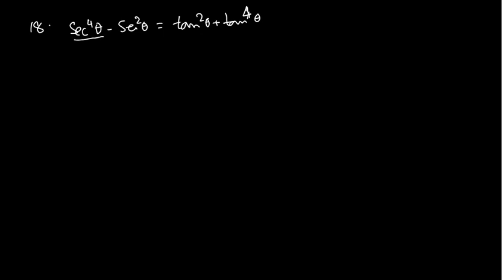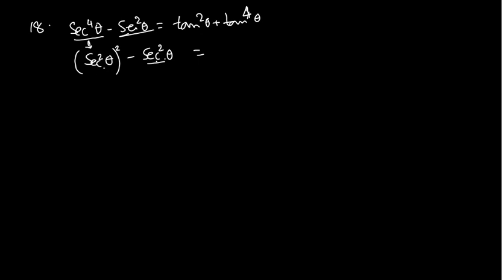We can write secant to the power of 4 as secant square theta to the power of 2 minus secant square theta. Only secant to the power of 4 we changed. Now between these two, secant square theta is the common factor.